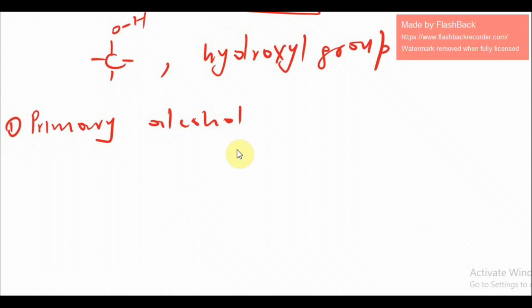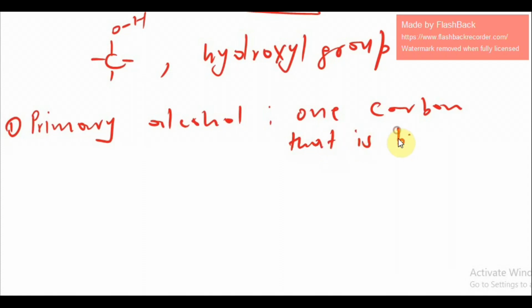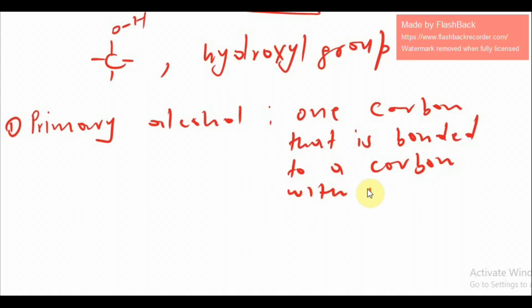The primary alcohol is the alcohol whereby we have only one carbon that is bonded to a carbon with the OH group, that is the hydroxyl group.